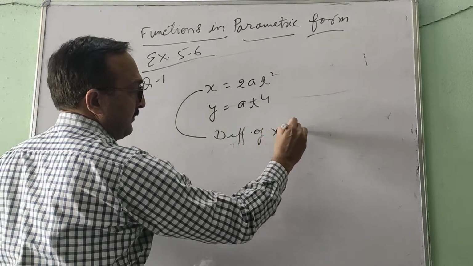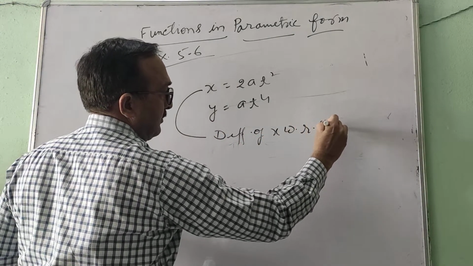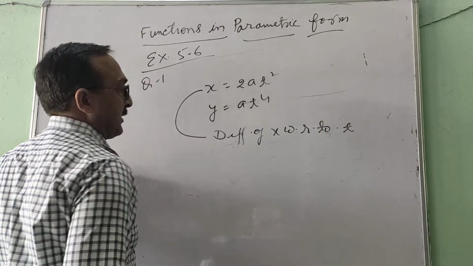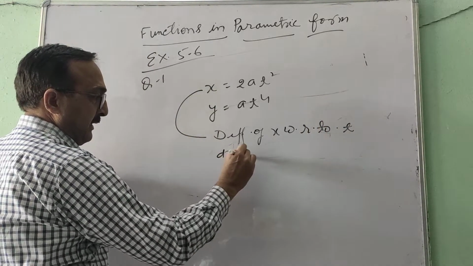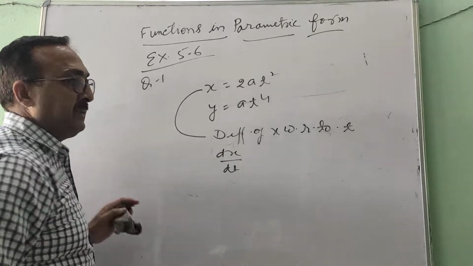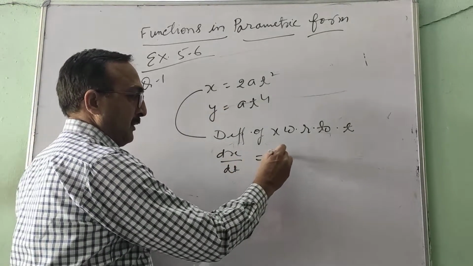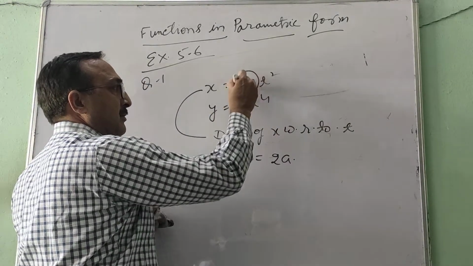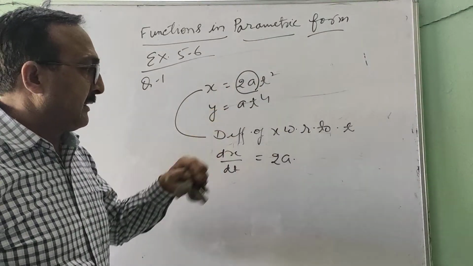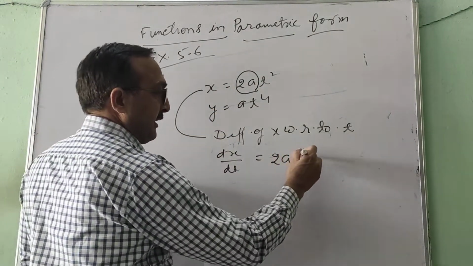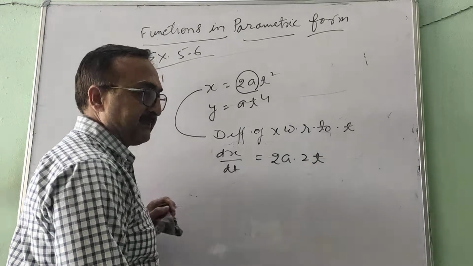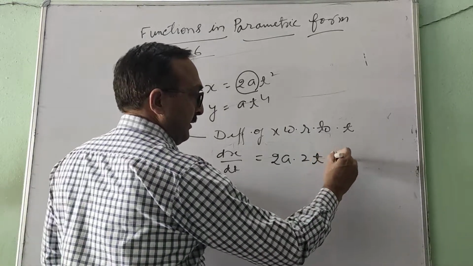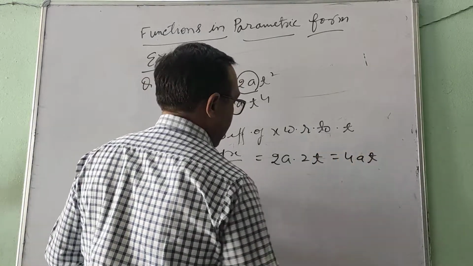of x with respect to t. So what is the differentiation? dx upon dt equal to 2a, these are 2 and a, a coefficient, and t square differentiation, you know, 2t, that will be 4at.